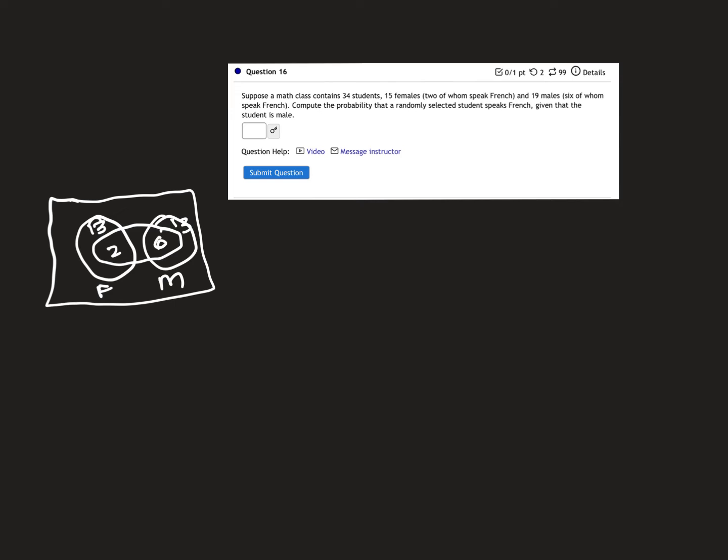So let's take a quick look at this. Compute the probability that a randomly selected student speaks French, given that the student selected is male. So if I'm given that the student selected is male, I'm only looking at this circle right here. And that's 6 out of 19, or excuse me, 6 out of 19 total.